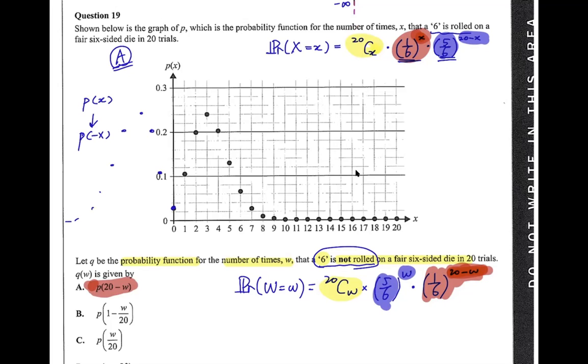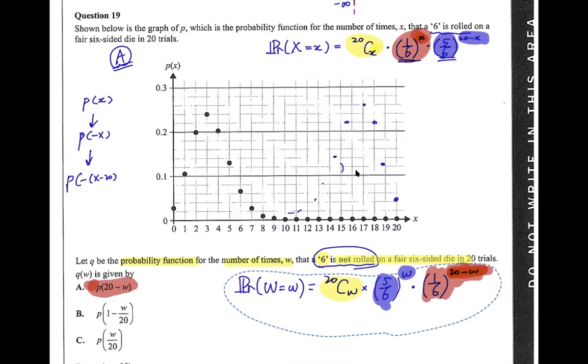And then if you go from P of minus x to P of minus bracket x minus 20, you are actually shifting the whole probability function by 20 units in the positive x direction. So you can see this will be the resultant graph of that function, which is just taking the opposite event of interest, okay?